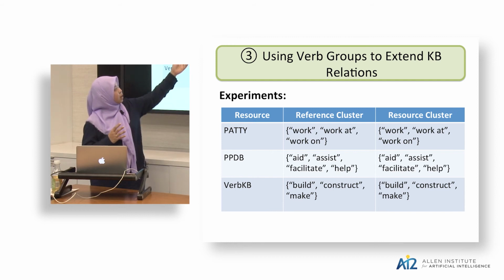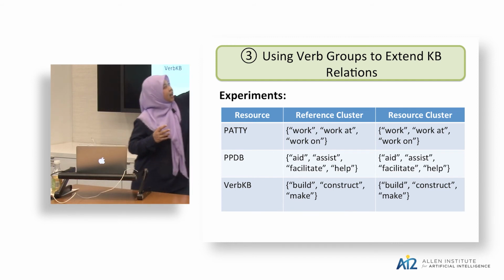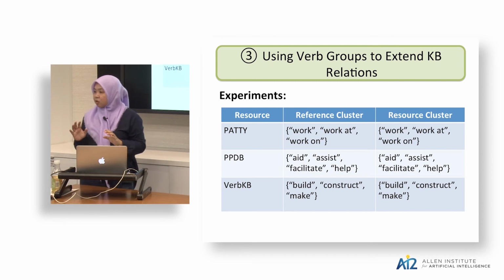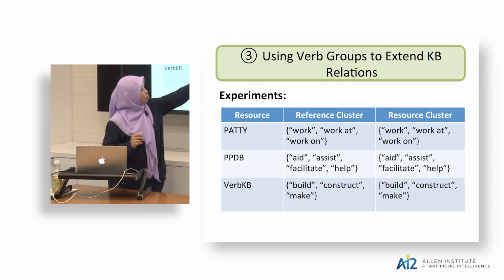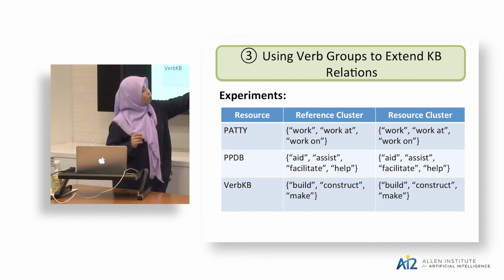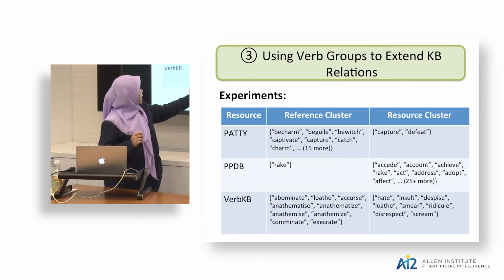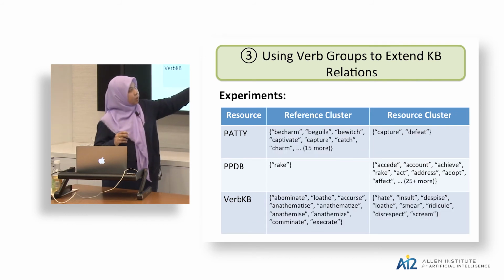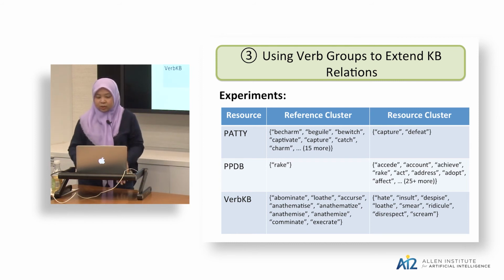clusters that are small and just have variations of the same verb but with different prepositions, while PPDB has more verbs per cluster, and VerbKB is actually in between these two resources.